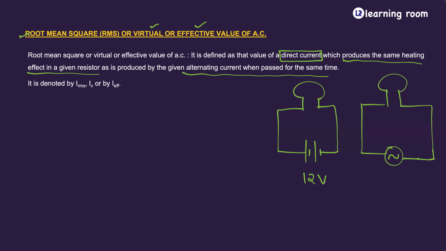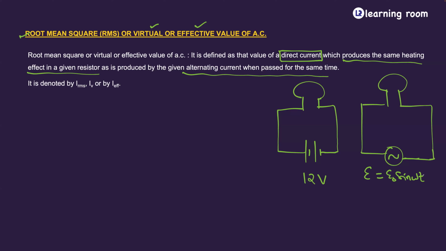Don't worry about the number. This 12 volt is going to be what value? It is the DC value. But can I say that the alternating voltage is 12 volt? It doesn't make sense. If I say it is 12 volt, I'm trying to say that the magnitude is constant, but we know that the EMF is going to change with respect to time. So I can only write it as E is equal to E naught sine omega t.